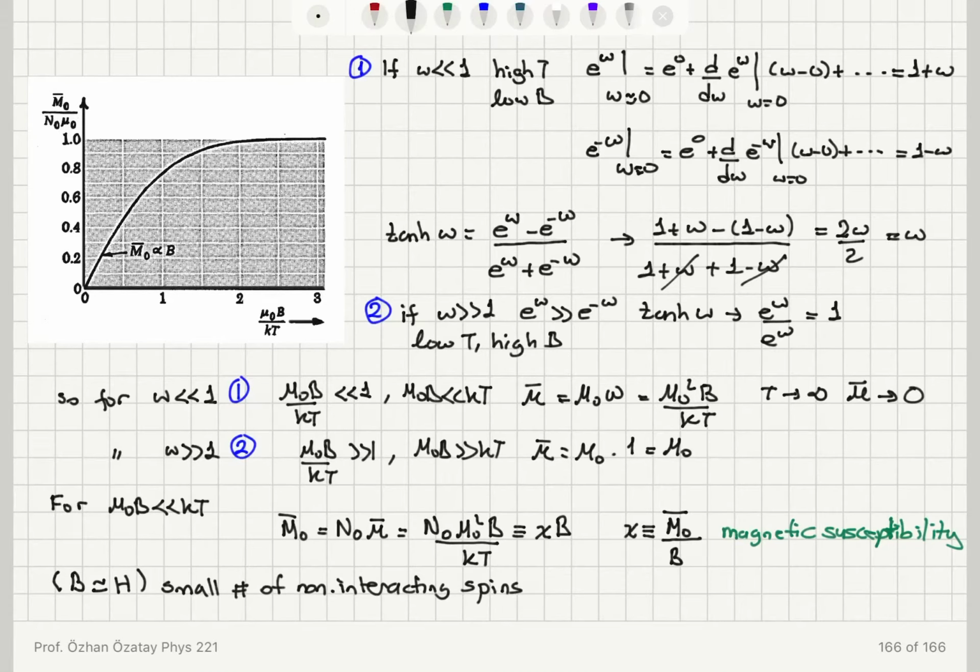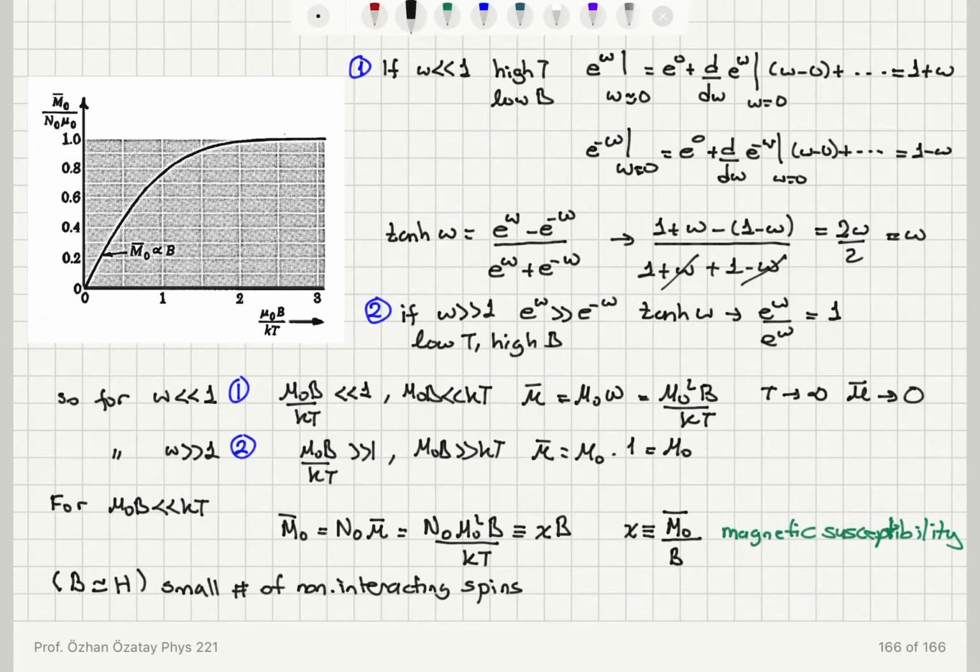So therefore, to a good approximation, B and H are the same. And using this definition of magnetic susceptibility, because normally magnetic susceptibility is magnetization per H field, not B field, but here they're almost the same.